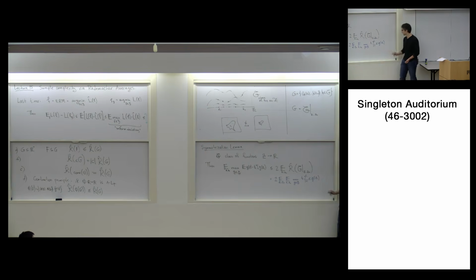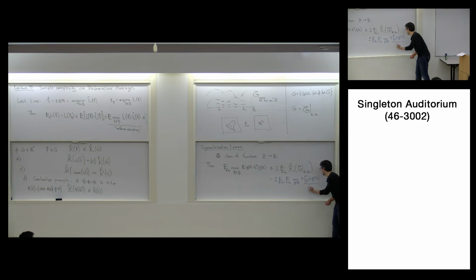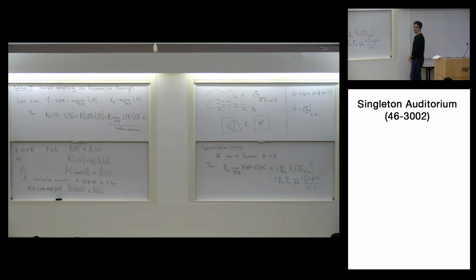Why is that the same? Well, because this is precisely the product between the vector of epsilons and the evaluation of this function on all the data points. Make sense? That's just another way to write it.